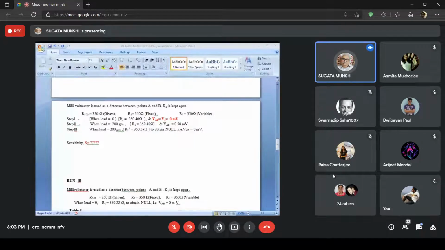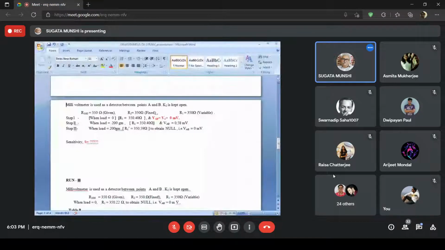Recall the expression for the sensitivity, VAB divided by the supply voltage divided by delta R by R. So what will be delta R here? 350.59 minus 350.4. That means 0.19.